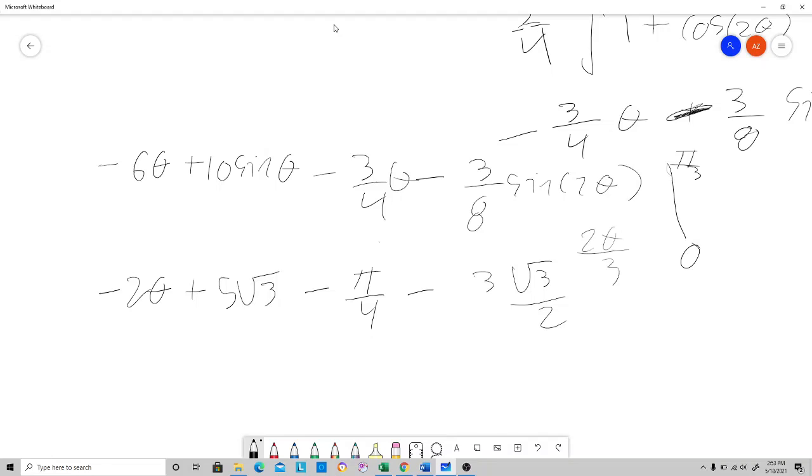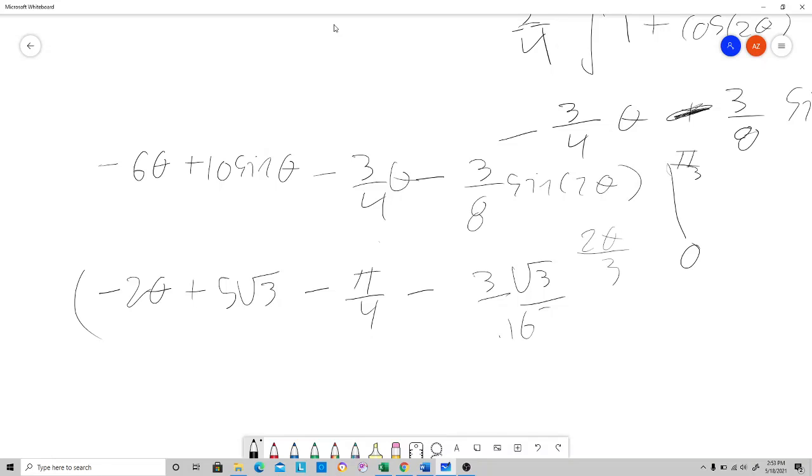Then we have 3 times that, which is 8. And then that should be 16 right here, as we multiply them.